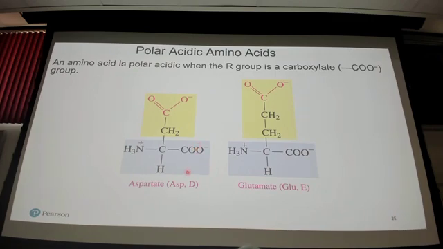And so polar acidic amino acids have an additional carboxylate group. You see the additional carboxylate group here for aspartate and glutamate. Under physiological conditions, these are always going to be negative, right? Because these two cancel out and you are still left with a negative charge. Is that clear?